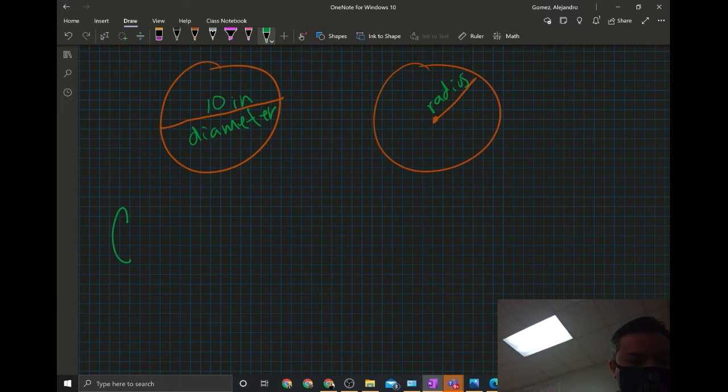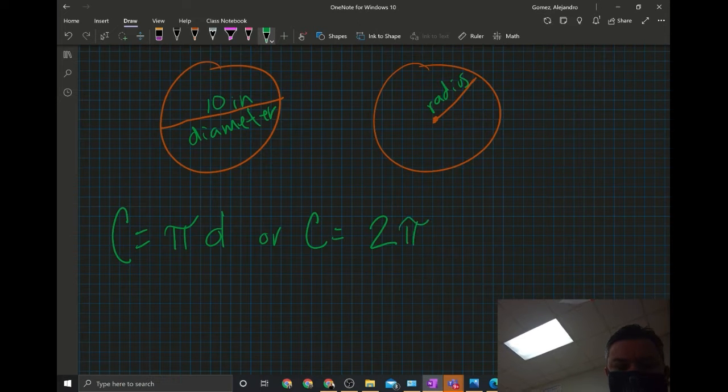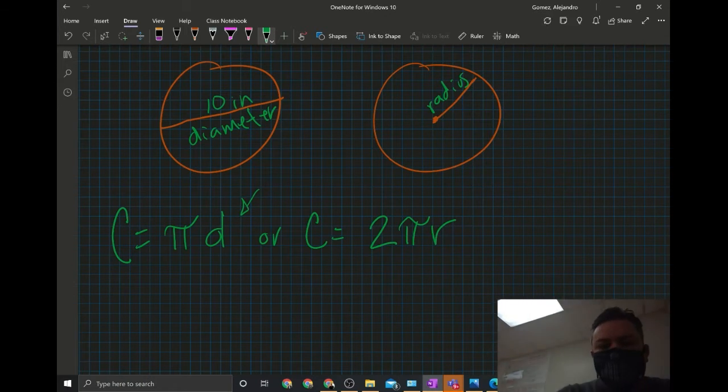C equals pi times diameter, or C equals 2 times pi times radius. I usually like to use this one the whole time.